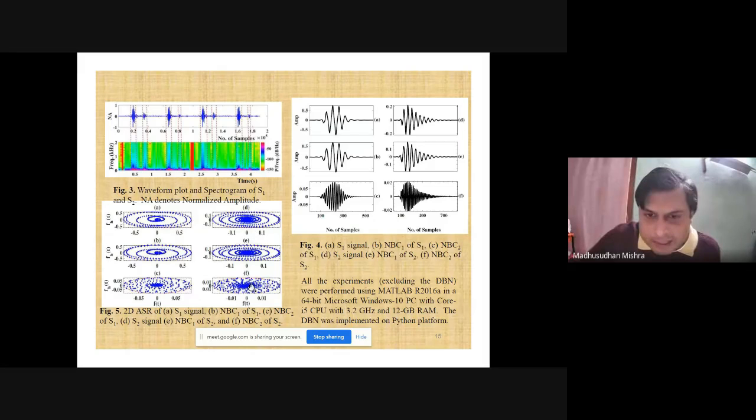This is S1 and its two modes, and similarly this is the analytical signal representation of S2 and its two modes. If signals are more concentrated here as compared to this portion, we say that it has more non-linearity strength.